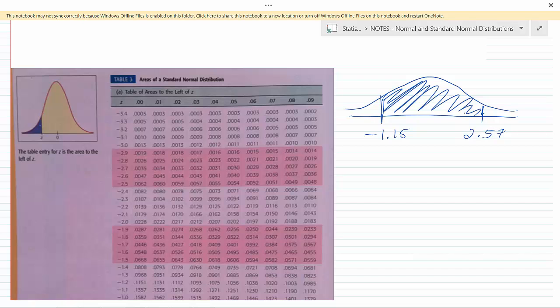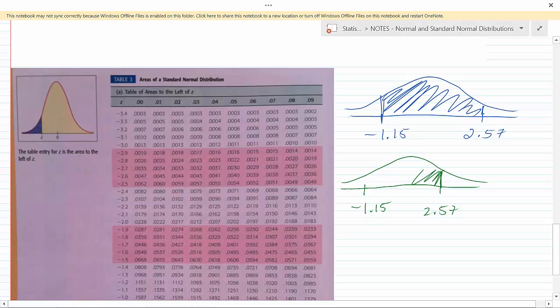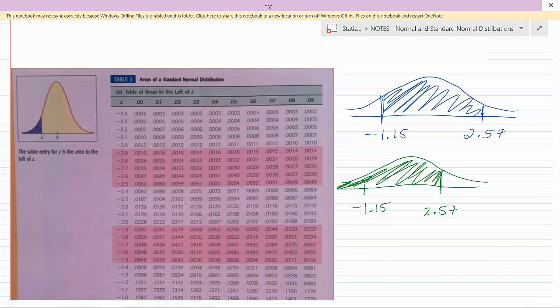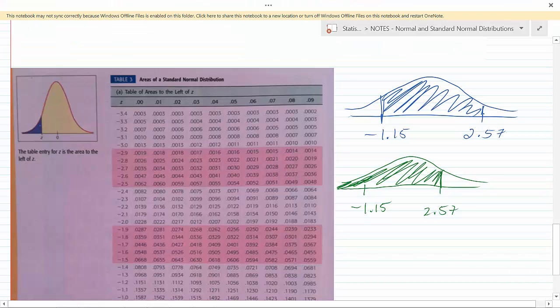Well, first let's think about this. If I take the area to the left of 2.57, I'm talking about all this area, which includes the area to the left of negative 1.15. So in order to get the space that's just between them, I need to subtract that area to the left of negative 1.15.